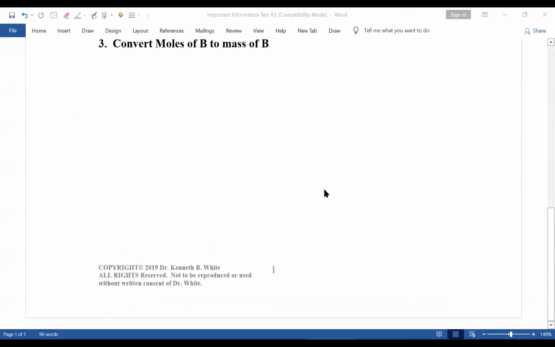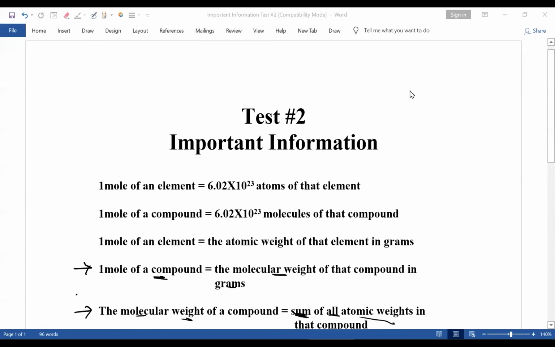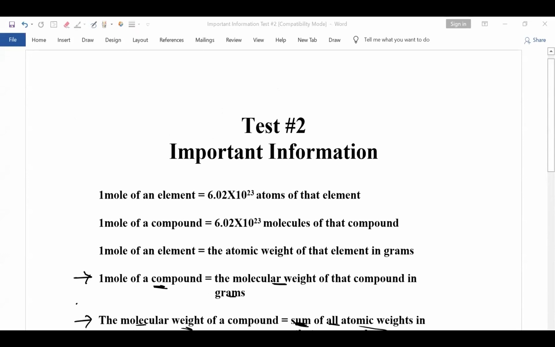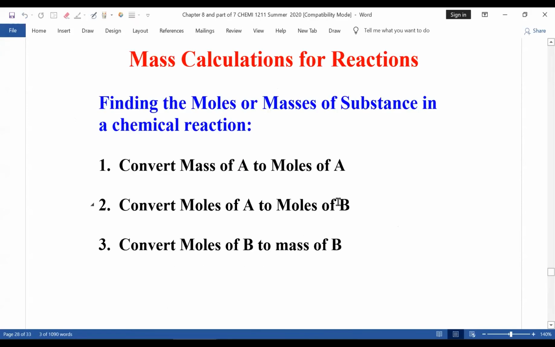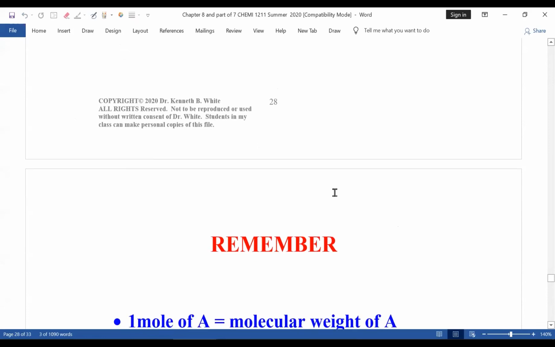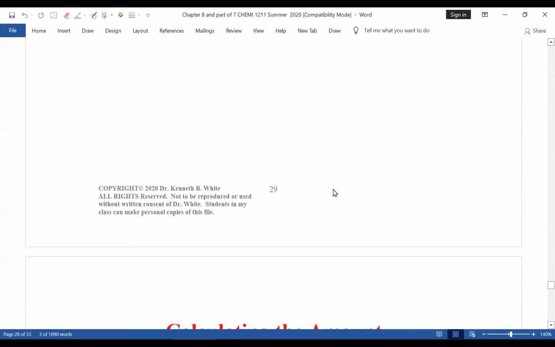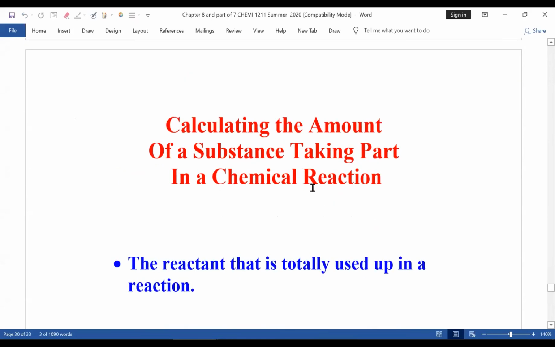All right, it's time to move on. We did calculating the amount of substance taking part in a chemical reaction.